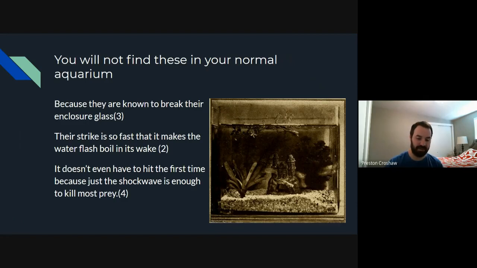The way that they do it is that they ratchet it back, and then it has almost a kind of lever system that keeps it in place. And then once it's ratcheted back, they don't actually use the muscles. It's a lot like a bow and arrow, where you pull the bow back and then you let the tensile strength of the wood or the carbon fiber or whatever your bow is made out of spring forward to generate that velocity.